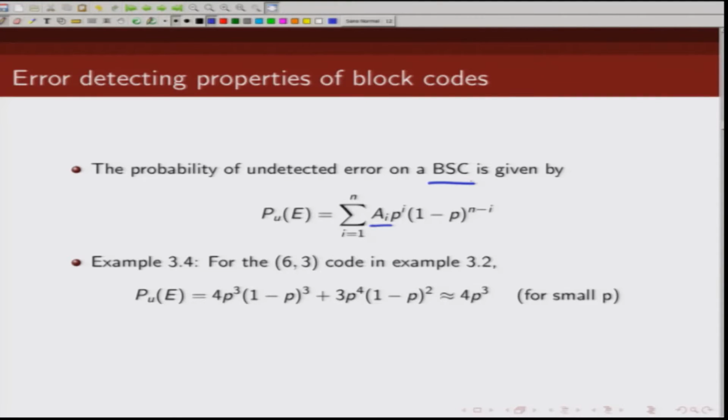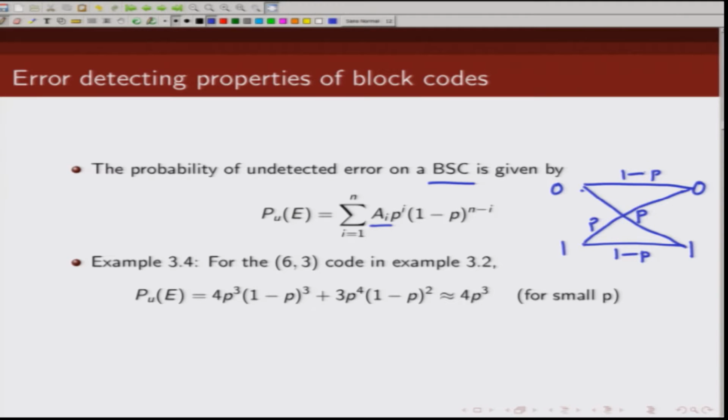Now, recall what happens in a binary symmetric channel: 2 inputs 0 and 1, 2 outputs 0 and 1, and the crossover probability is given by p. So, with probability p, 0 can get flipped to 1, 1 can get flipped to 0, and the probability of correct detection is 1 minus p.